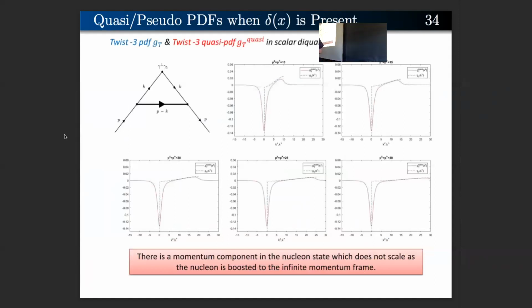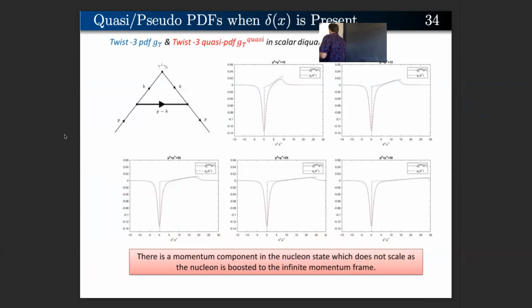What's shown here is both the light-cone calculation, so that's the same for all of them, as well as the quasi-PDFs. And the quasi-PDFs are just calculated very naively, no renormalization. We just use the cutoff and look at the momentum distribution of the quark inside a quark after it has dressed itself.